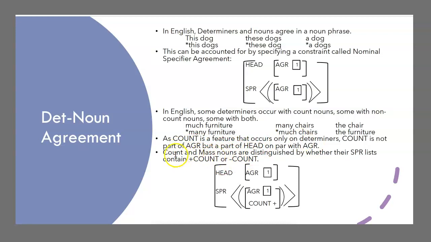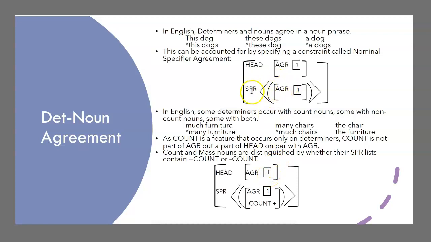So what we do is we have two kinds of nouns, and we distinguish them by using plus or minus count. How do we do that? If we say plus count, it's count nouns. Minus count, it can be mass. So if you have the head feature, similar to head here, there is an index 1 here.